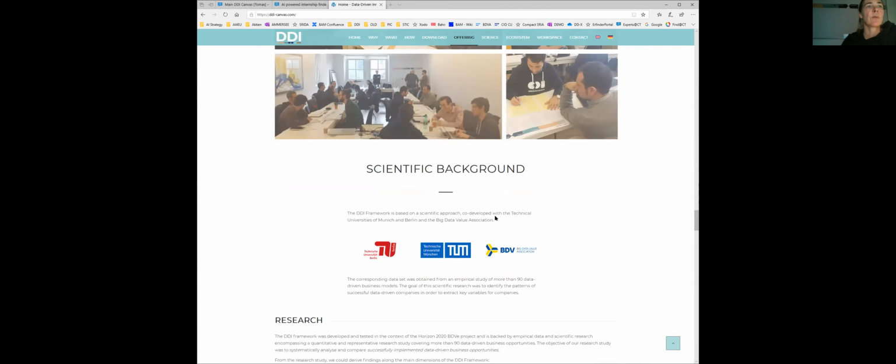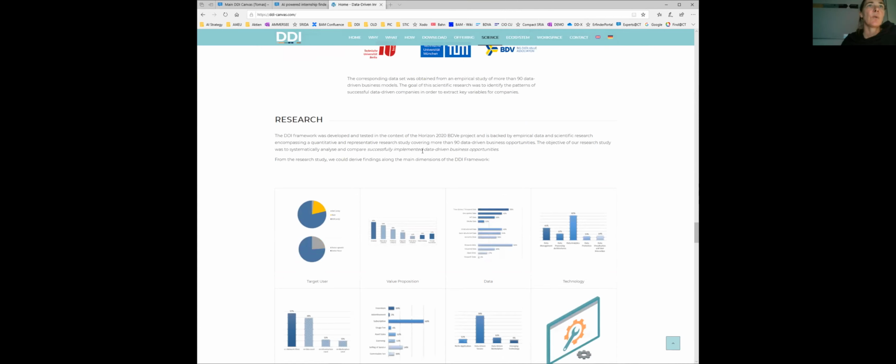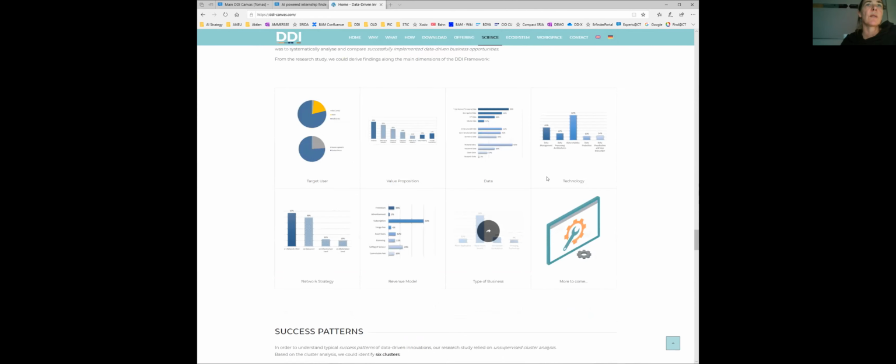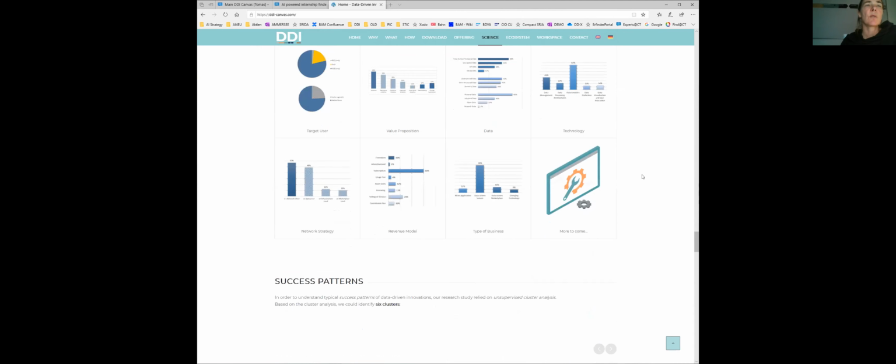If you're interested in those things, there are various ways of getting engaged and doing a deeper dive. There's also research behind it. We've run a study with more than 90 startups, where we identified patterns of how the different aspects are used. So it's all founded on data analytics as well.